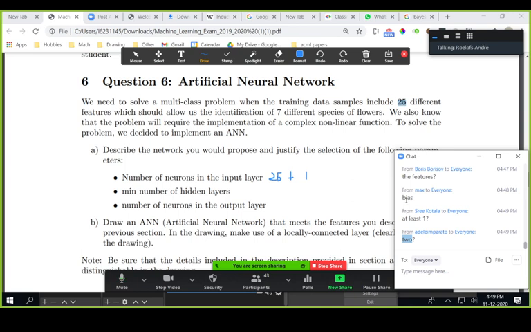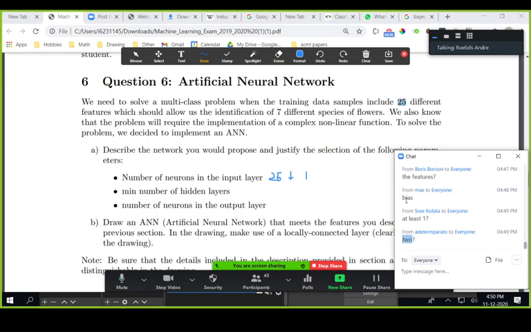Do we need the layers? We also know that the problem will require the implementation of a complex nonlinear function. No, we would be able to just simply solve it with one layer, because in that one hidden layer we would be able to use as many neurons as we want, like a few thousand. So we need at least one.